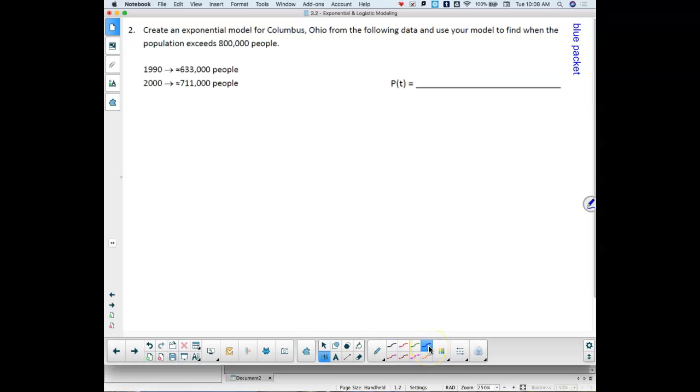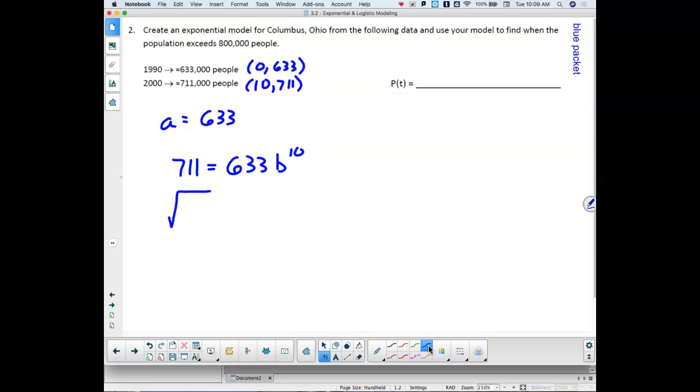So I would say that this is the point 0, 633, and this is the point 10, 711. So my A value would be 633, and 711 equals 633 times B to the 10th.